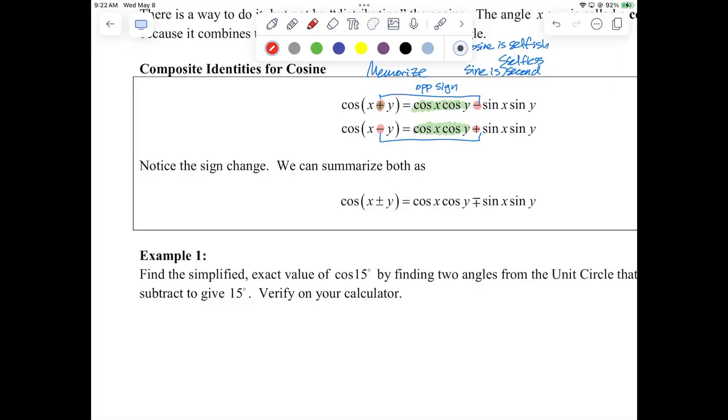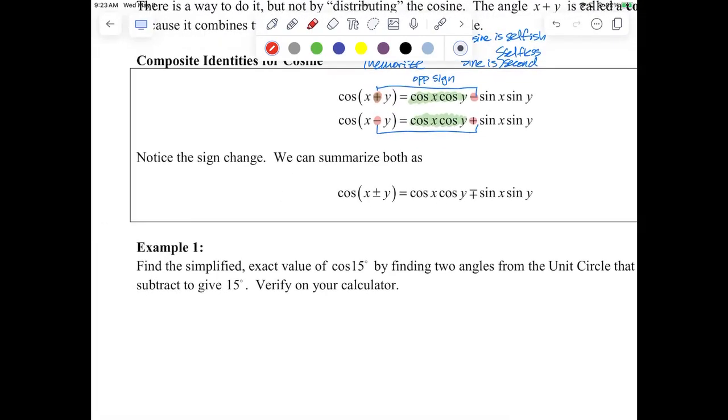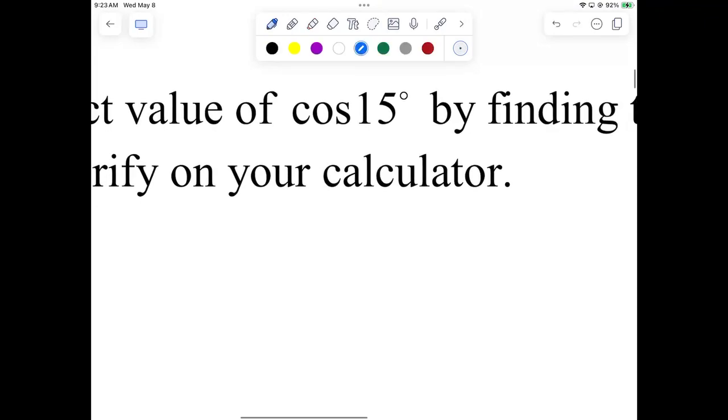Let's use it. Find the simplified exact value of cosine of 15 degrees by finding two angles from the unit circle that either add or subtract to give you 15. First of all, 15 is not one of the angles on the unit circle that we memorized, is it? It's a very shallow angle right here, 15.